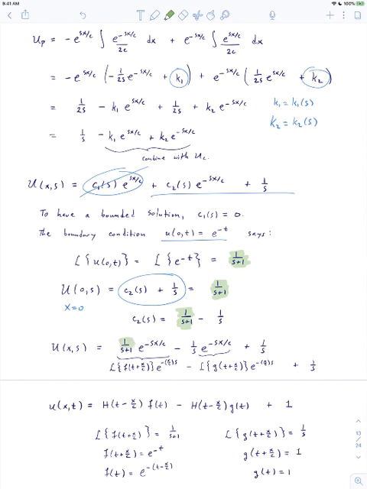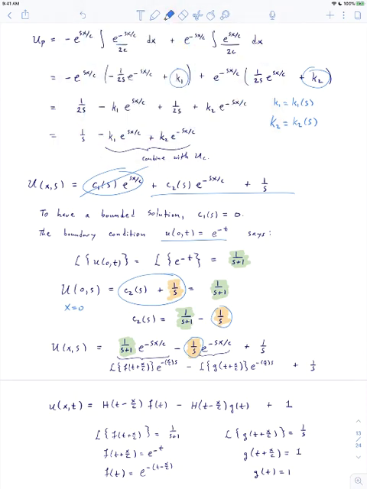So there's the 1 over s there, and then we have this 1 over s here, is that 1 over s, and then we just have this other 1 over s floating around, which is the particular solution. Let me do some highlighting again. So this 1 over s is that 1 over s is that 1 over s, because we're finding c2 of s, which is something that we're multiplying by this e to the minus sx over c term.